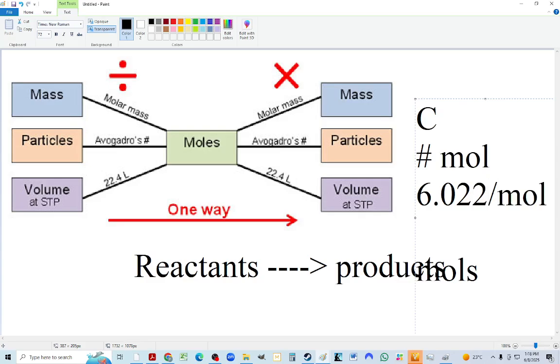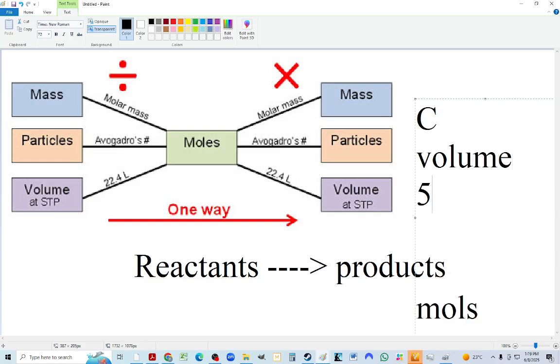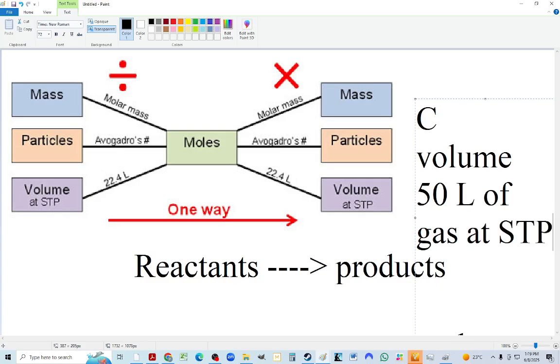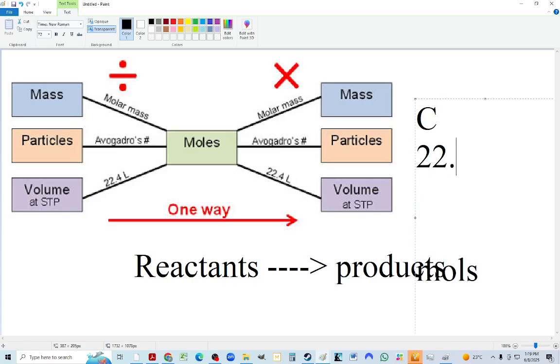There's billions and trillions of molecules or atoms for every 1 mole. Or, as you've seen from other questions, you might have to use volume. They might tell you there's 50 liters of a gas, and here's the key point, at standard temperature and pressure. Then you have to use this ratio: there's always 22.4 liters of that gas for every mole.